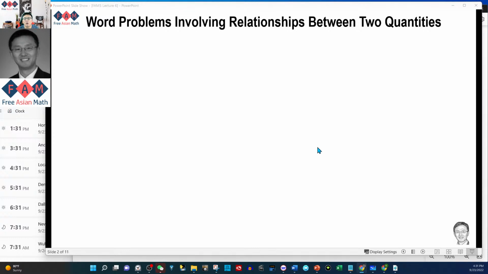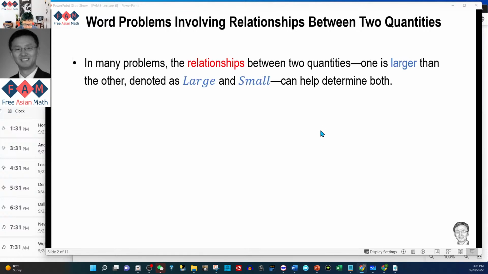Usually, in many real world problems, we want to consider the relationship between two quantities. And those relationships can help us to ascertain what those quantities actually are. So, if you have two quantities that are related, how many relationships can you think of about those quantities?